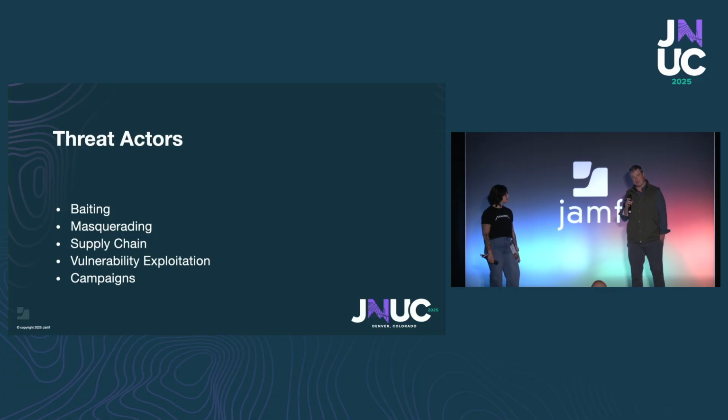You also have masquerading, which is what we saw from the campaign that we'll talk about in a minute, where they offer a service and then in the background the real reason they exist is to act as malware, command and control, data exfil, or initial access and persistence. You have the supply chain, which is always a concern along with vulnerability management.